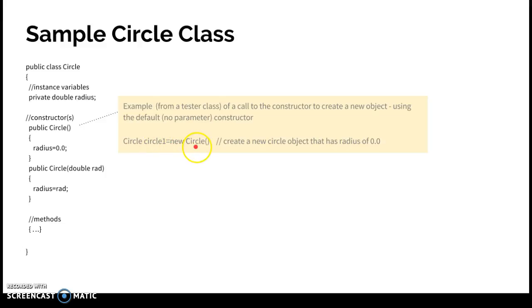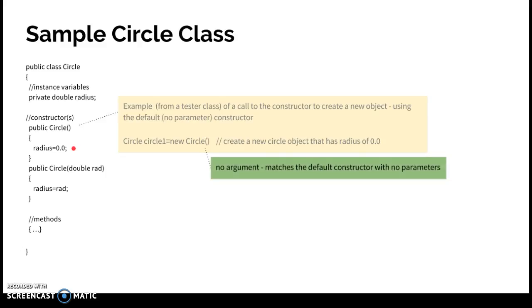New is the keyword, and Circle is the name of the class, and then it has no parameters. That means it finds this constructor when this is called in the tester and goes, okay, I'm going to assign radius 0. So it has no argument and it matches the default constructor with no parameters.